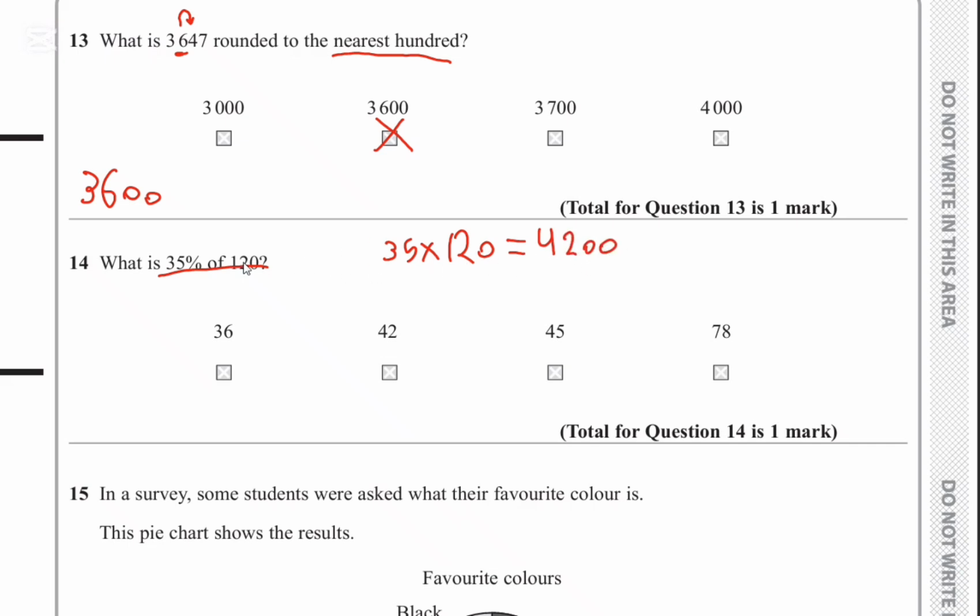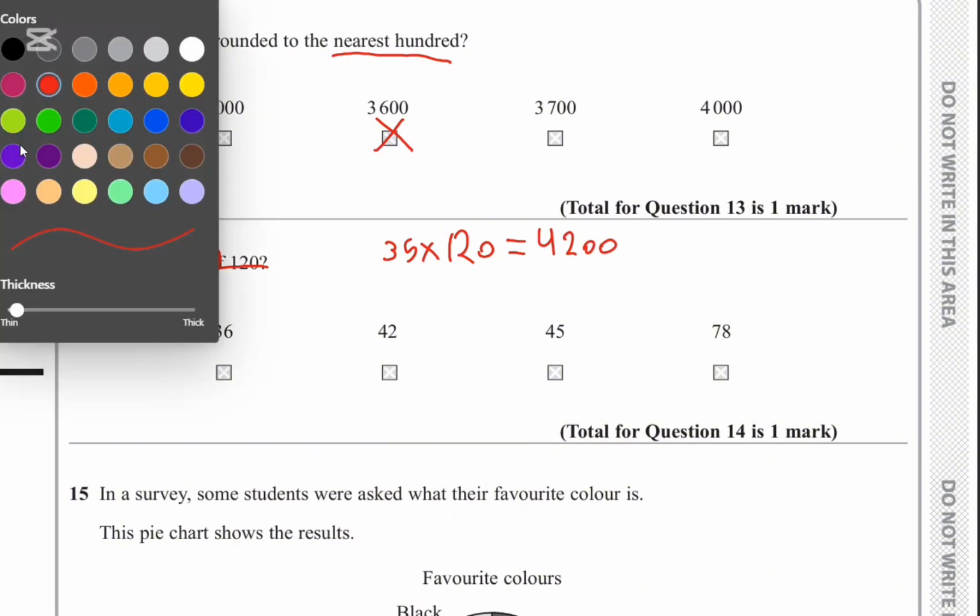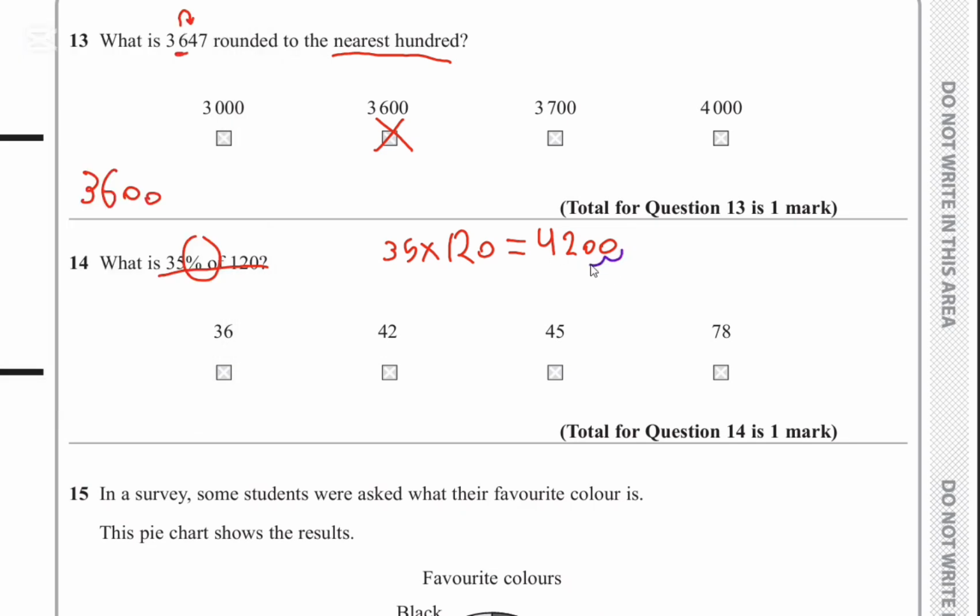Since it is a percentage, you take the point 2 steps to the left. So it's going to be something like this, 1, 2. So it equals 42, which is right here.